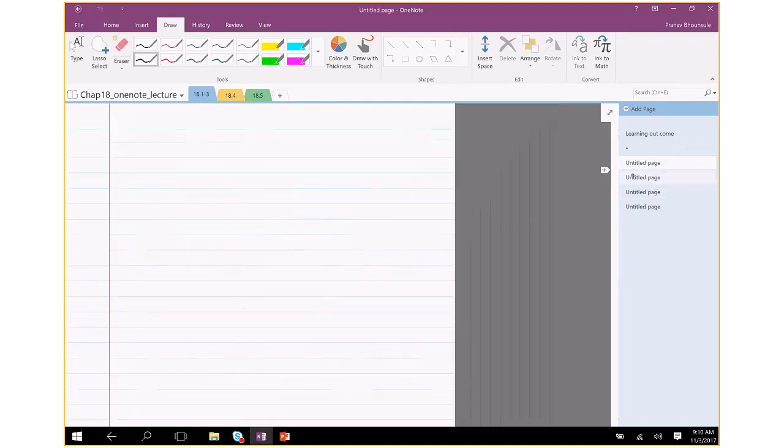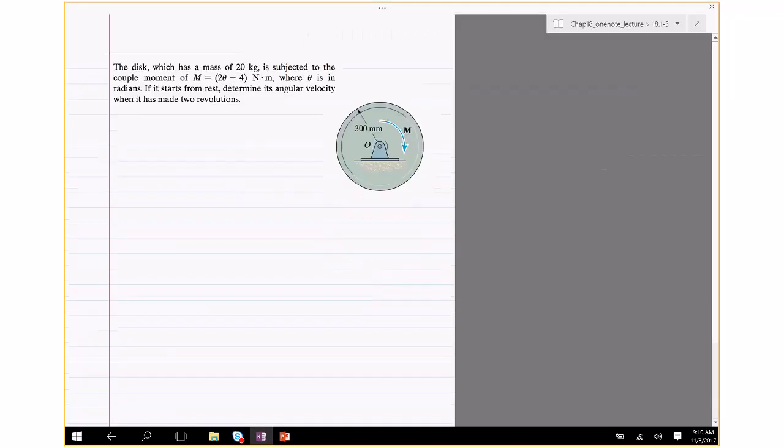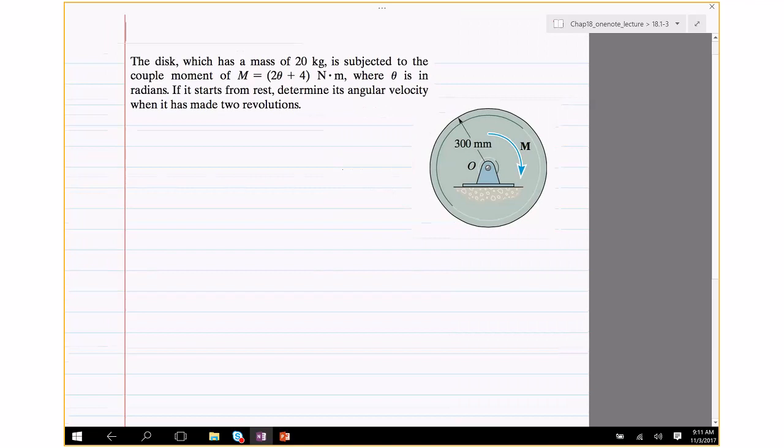Okay, so let's use these things on a few problems. First question: the disk, which has a mass of 20 kilograms, is subjected to a couple moment of M equals 2 theta plus 4 Newton meters, where theta is in radians.